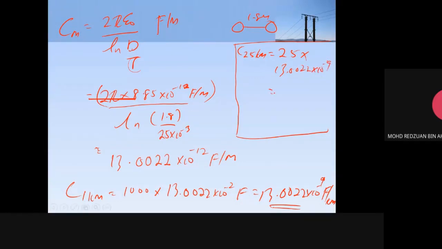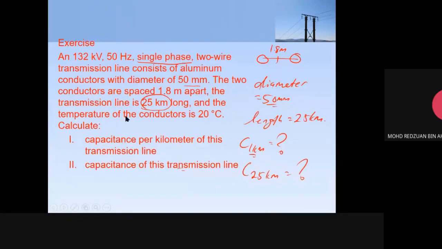Then you will get 0.3251 microfarad per 25 kilometers. Okay. And this is the value for the capacitance for 25 kilometers. This question, this exercise, this may be exercise 1.